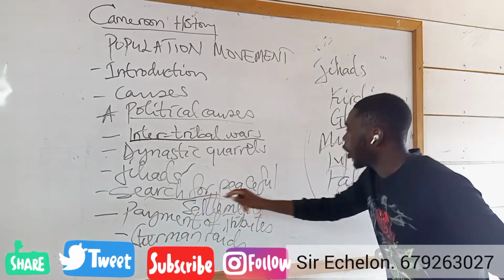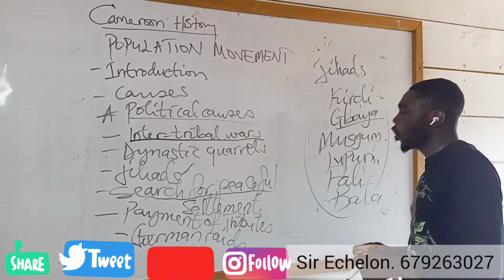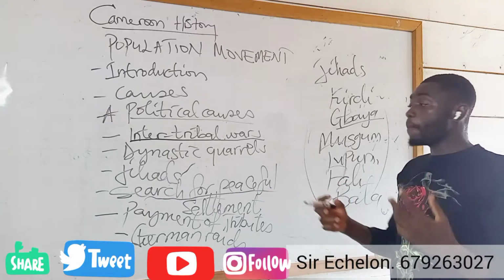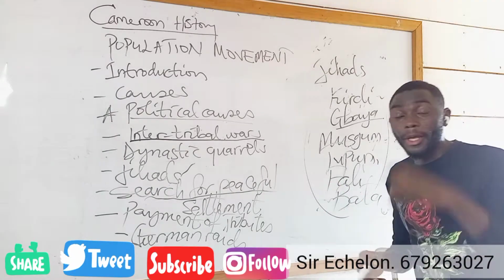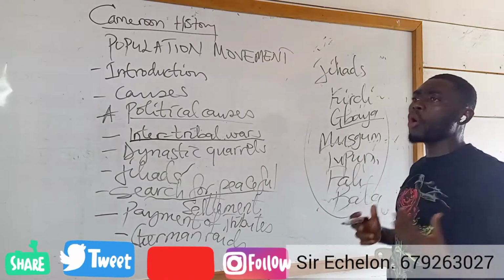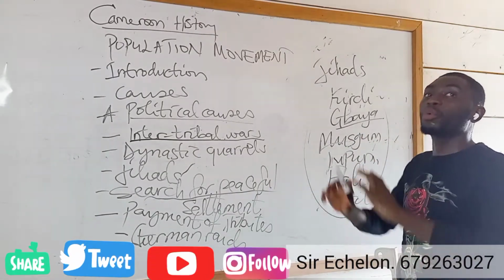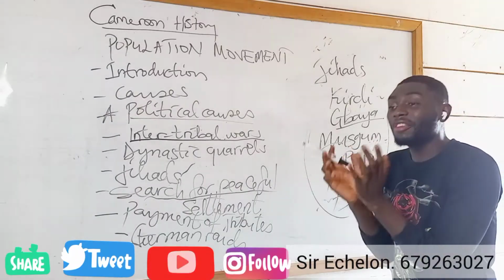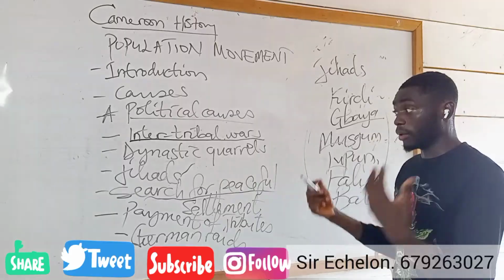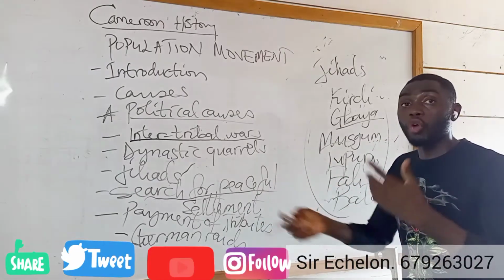We talk again of the search for peaceful settlement. This was another political reason why people migrated in 19th century Cameroon. People who do not love trouble or do not want troublesome neighbors have to migrate to areas where they feel they could have peace, where they do not have neighbors that could be troublesome to them.